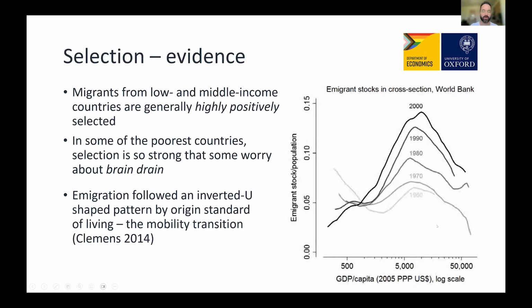And then in the highest income countries, people again tend to stay. And there are various reasons for why this might be the case. Many of them have to do with the lowest income countries just not having the resources to even pay the cost or the access in terms of visa and other types of restrictions to leave. Whereas the highest income countries, they're pretty happy where they are already. But then in the middle, that's where a lot of the migration action takes place.